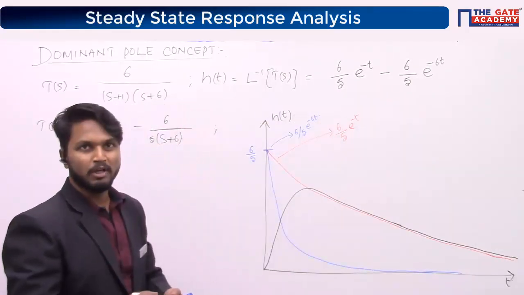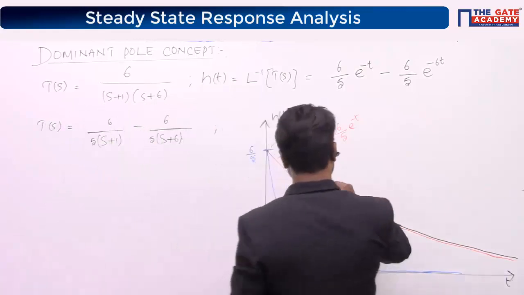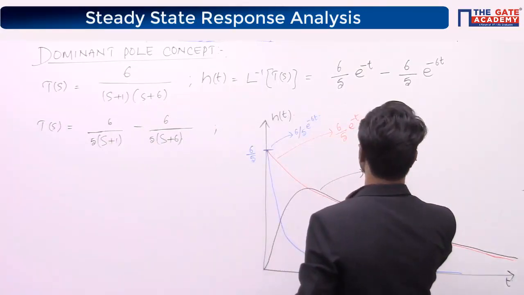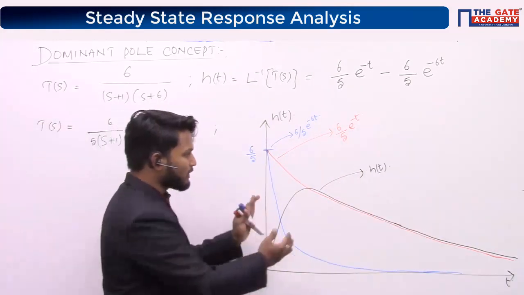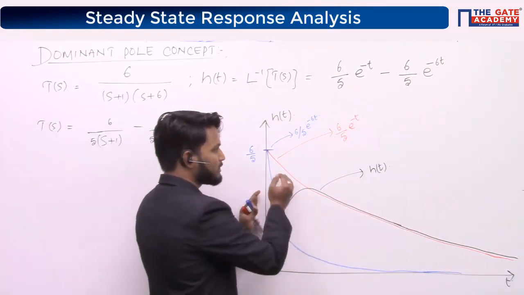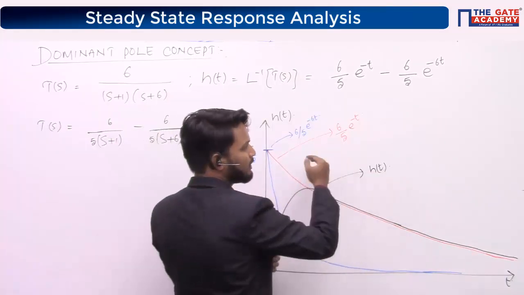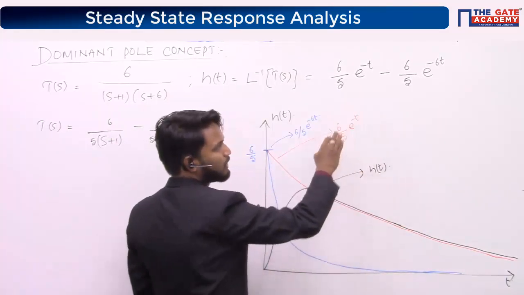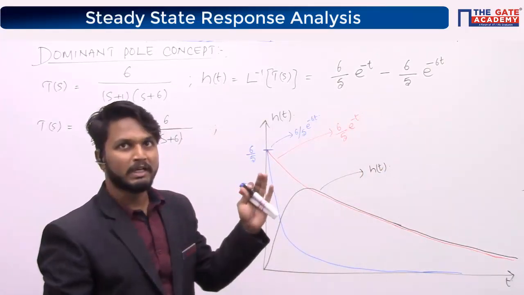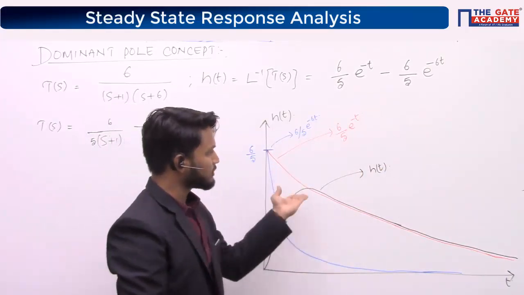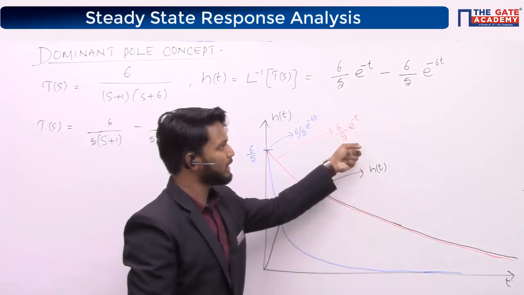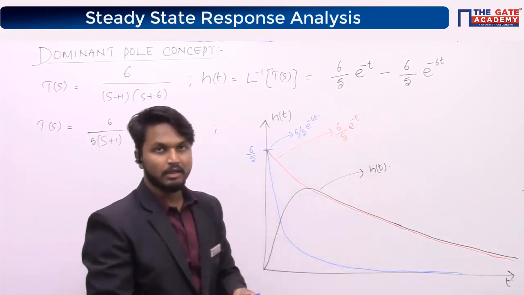So this is the overall impulse response. This black one is the complete response, that is h of t. Only for a short time it is not along with this, right? For the remaining time, this is along with this particular factor only. So you can say the overall response is completely similar to this, right?